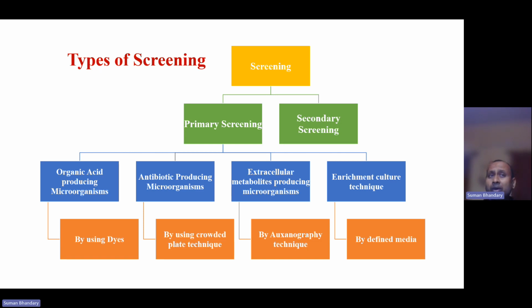And it should grow well in ambient temperature. Along with the other traits that we have discussed earlier, there are certain other characteristics that must be there to consider it a producer strain. It should grow in ambient temperatures of 30 to 40 degrees centigrade, because if you grow the microorganism in that temperature range, you can reduce the cooling cost.